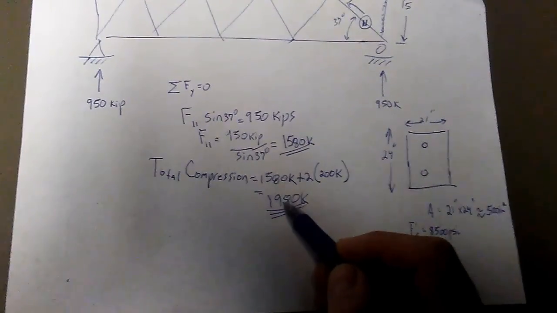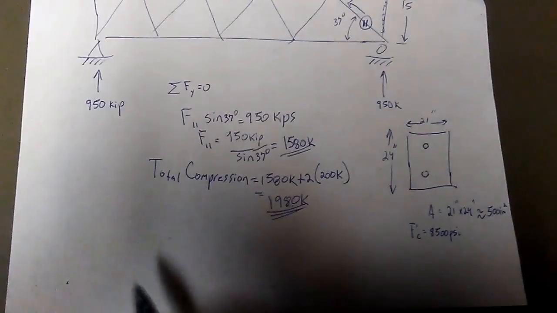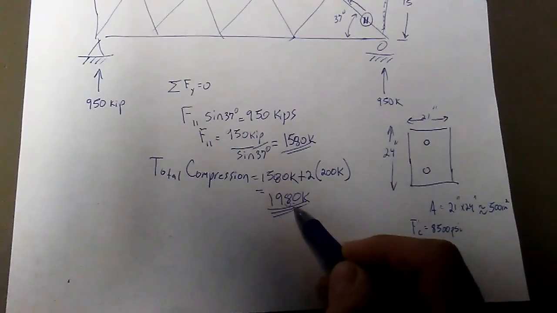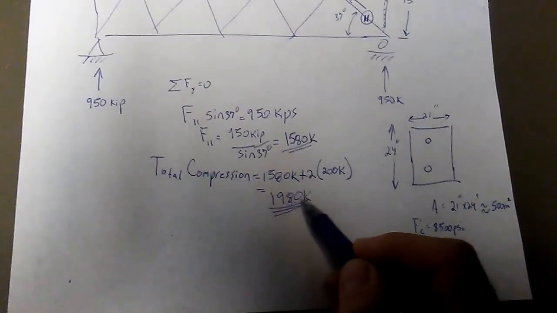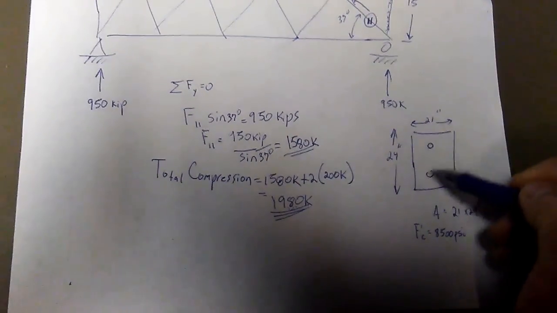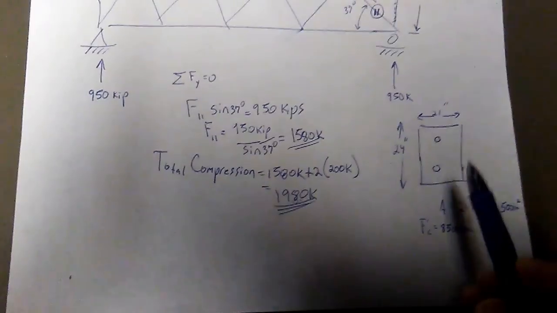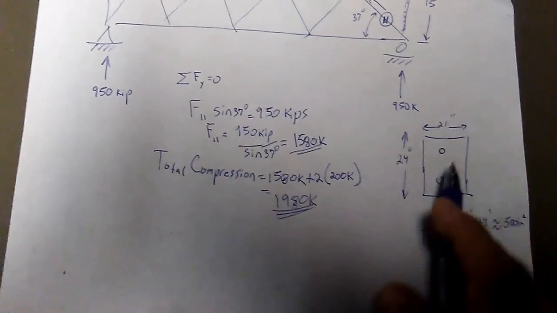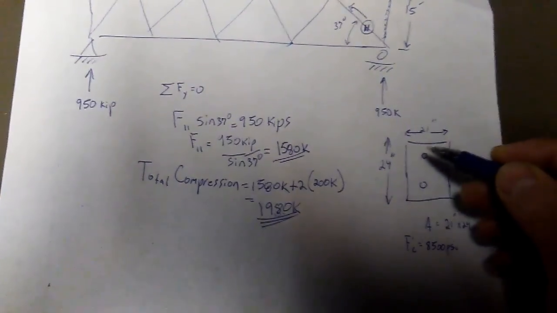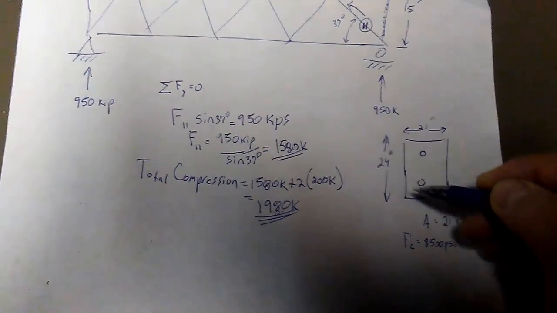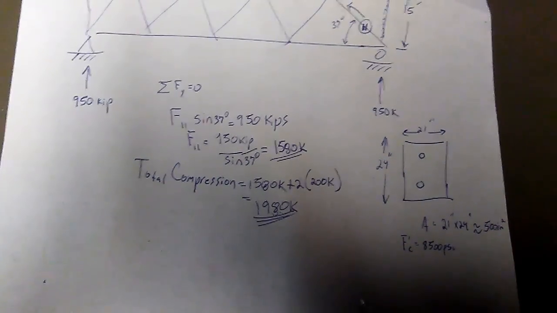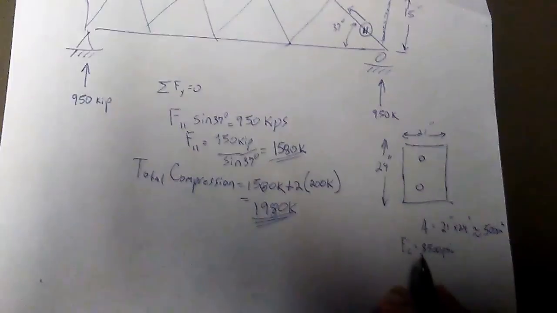So we're going to compare this number now to the capacity of the member. This is the total compression that it was supposed to actually see, and we're going to compare how much capacity that member has. And there's an easy way to calculate that number. The capacity of that member is basically the strength of the concrete mix times the area of the cross section, with some reduction factors incorporated.